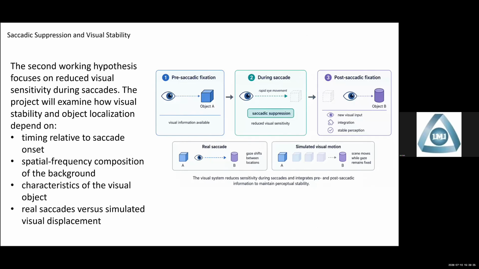Let's go back to our present project. The other hypothesis about saccadic suppression and visual stability, as I mentioned, we suppose that in the group of people with autism spectrum disorder, they appreciate the visual world in a different way during saccade movement, and we will check this.